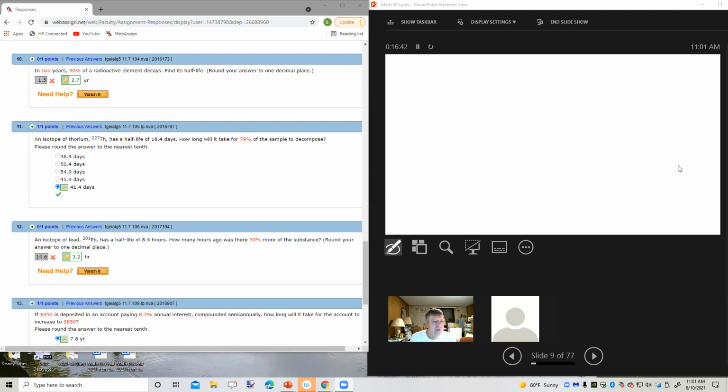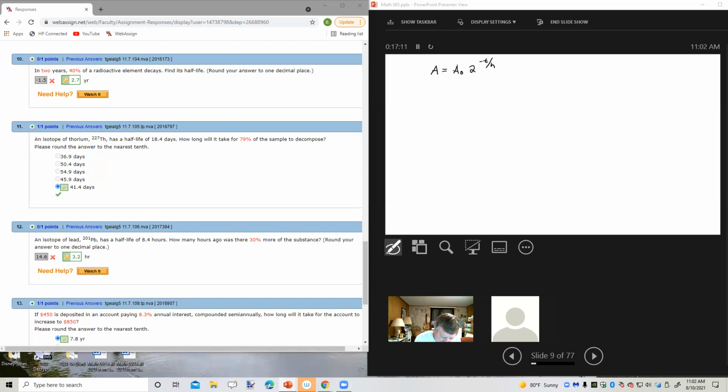Okay. In 2 years, 40% of a radioactive element decays. Find its half-life. All right. So our formula is going to be A equals A sub 0 times 2 to the negative T over H power. Any questions about why I'm using that formula? No. Okay.